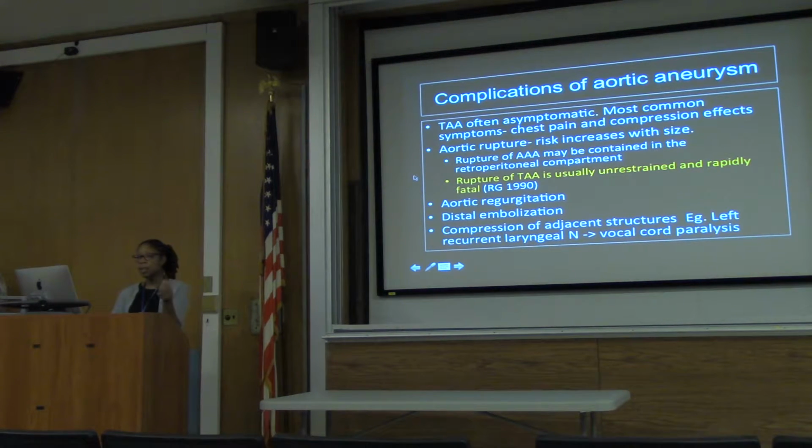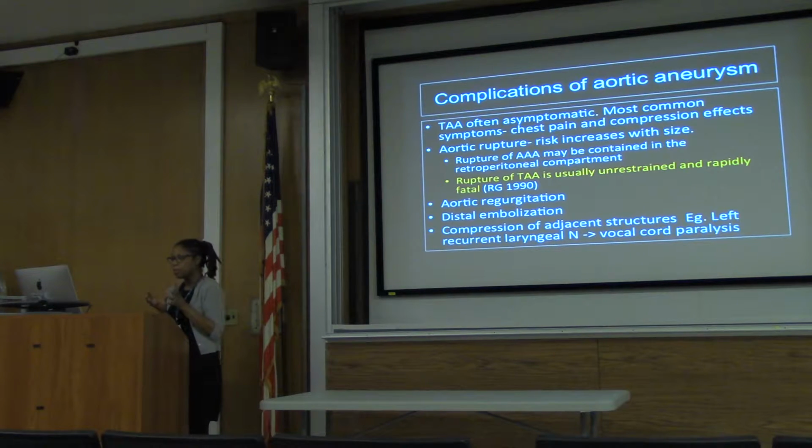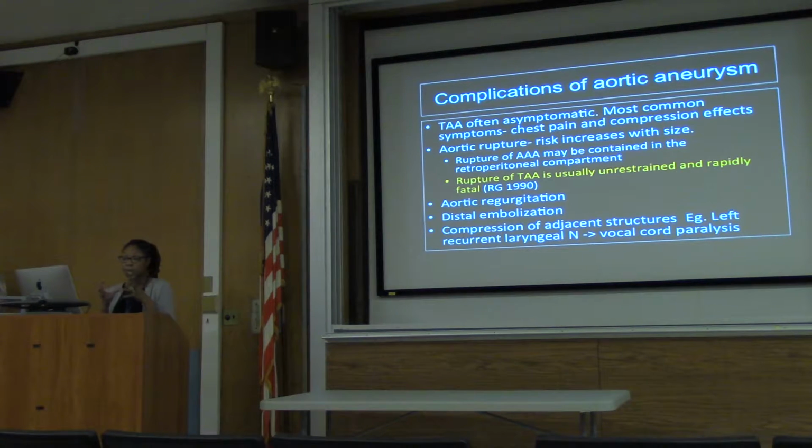The difference between thoracic and abdominal aorta rupture is that in the abdomen, the hematoma may be contained in the retroperitoneal compartment and may actually tamponade some of that bleeding. But in the thoracic aorta, when those rupture, there's nothing to restrain the bleeding, and those are rapidly fatal. Other complications short of rupture are aortic regurgitation and distal embolization.